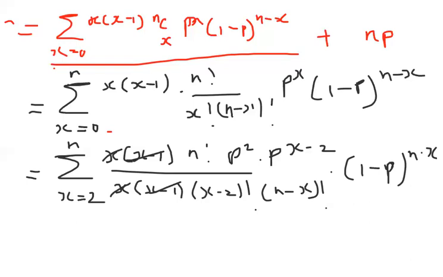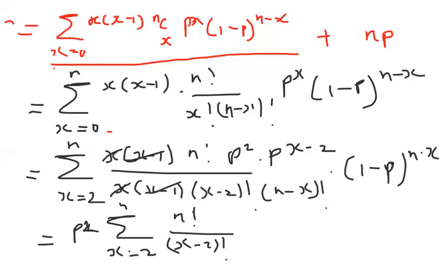So I can simplify it and say the same as p squared summation of X equals 2 up to n, and then I'll have n factorial over X minus 2 factorial, n minus X factorial, and then p exponent X minus 2, 1 minus p exponent n minus X.